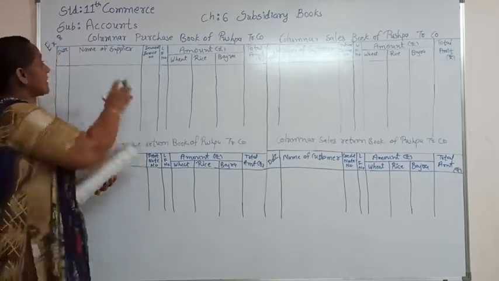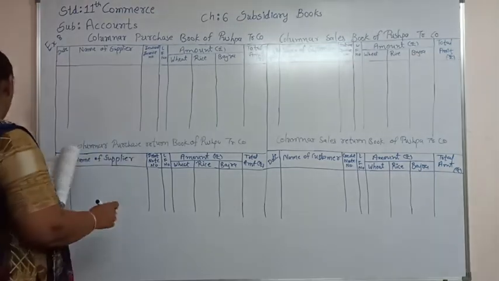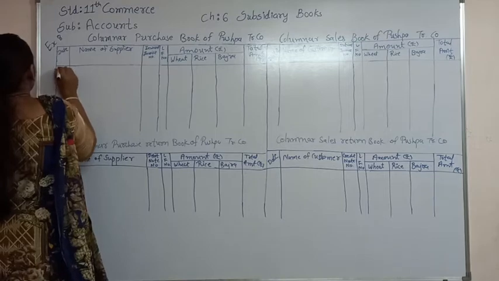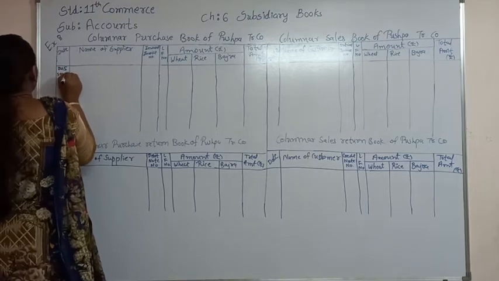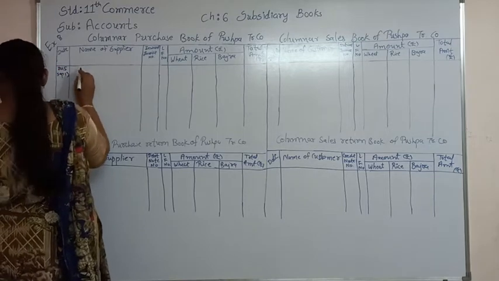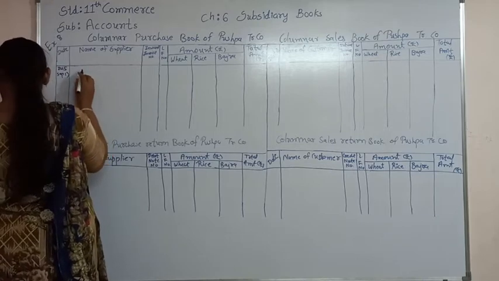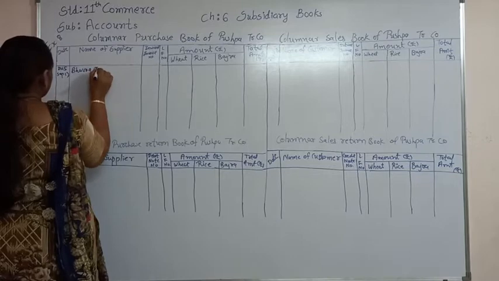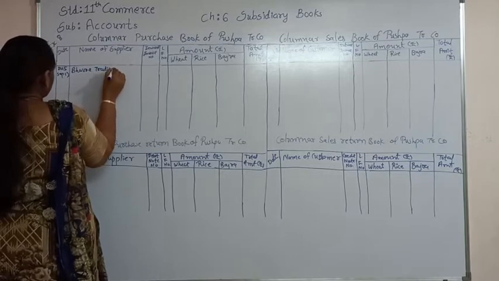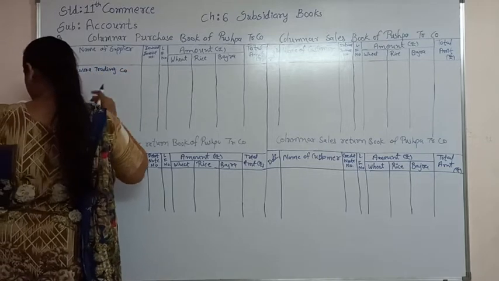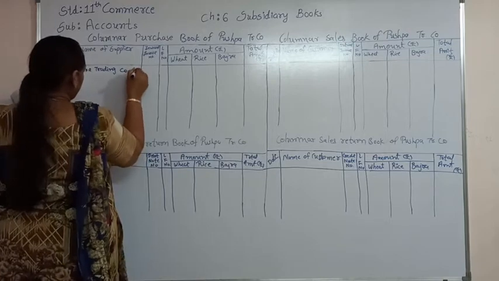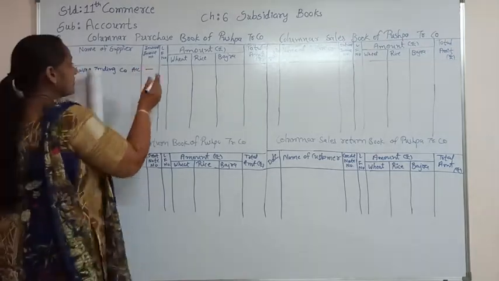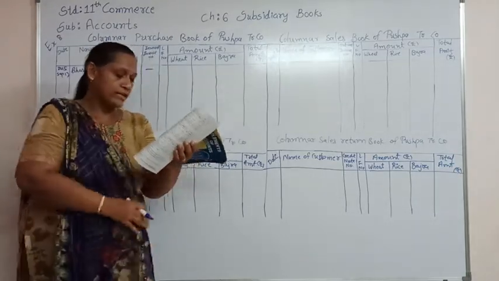So this is the purchase and we are going to write it in the purchase book, and the date is 2015 September 1st. Here the name of the supplier is Bhavna Trading Company account, and the invoice number is not given to us, so here we don't have to write anything.